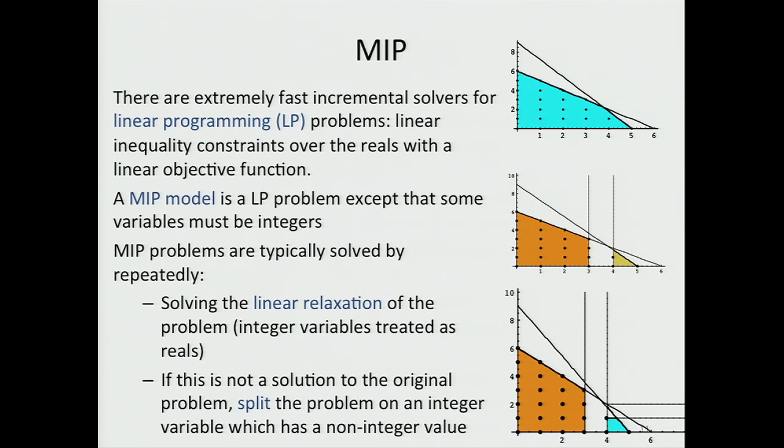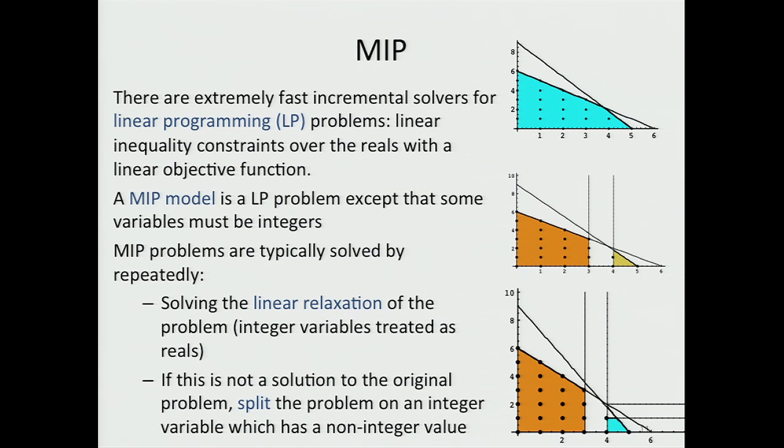Now, how are MIP problems solved? Well, one of the most common techniques is a branch and bound approach. How this is done is that the underlying linear solver solves a linear relaxation of the problem, which means that integer variables are treated as if they're over the real numbers. Everything's assigned a value, and then if this is not a solution to the original problem, because some of the integer variables have been assigned non-integral values, then the problem is split on that variable.